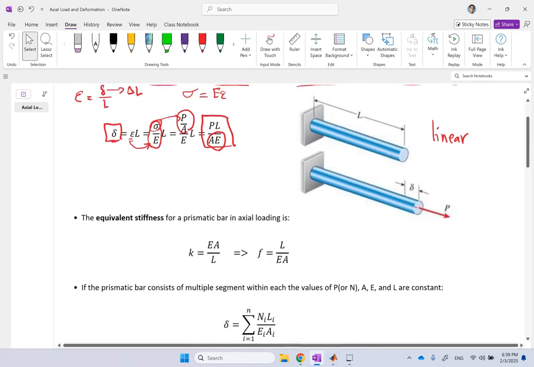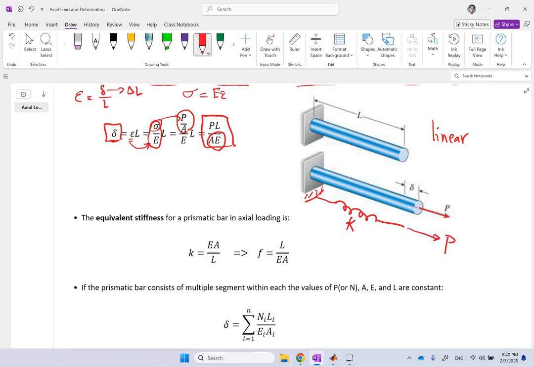Another term we have is called equivalent stiffness for a prismatic bar in axial loading. So if you consider this equivalent to a spring that is fixed on this end, and on this end you're pulling, and this is K or K equivalent, and this one will have the same delta.